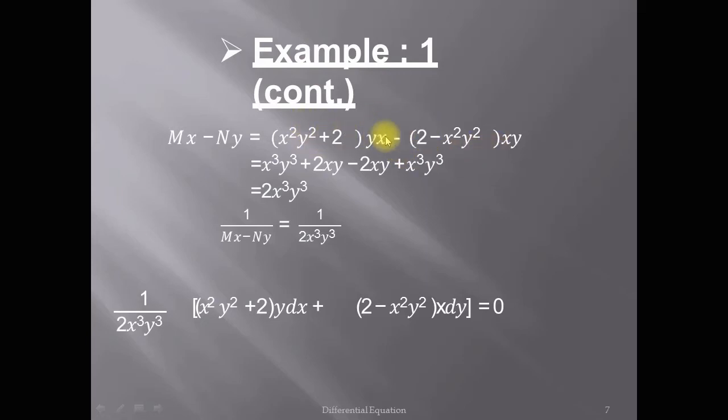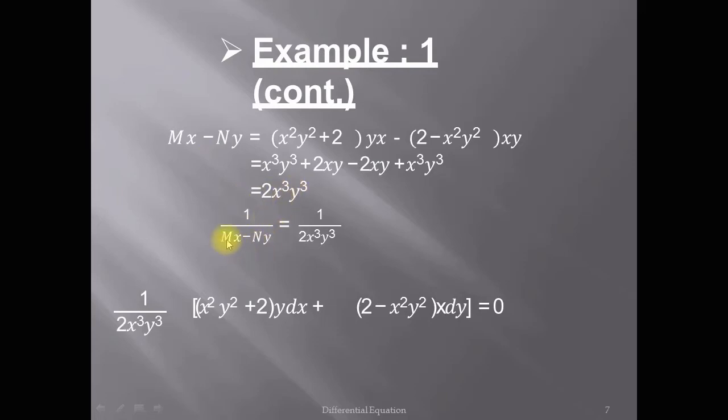Multiplying these expressions, we get x³y³ + 2xy − 2xy + x³y³. The two middle terms cancel, and the x³y³ terms are like terms, so adding them we get 2x³y³. So Mx minus Ny is equal to 2x³y³, which is not equal to 0.